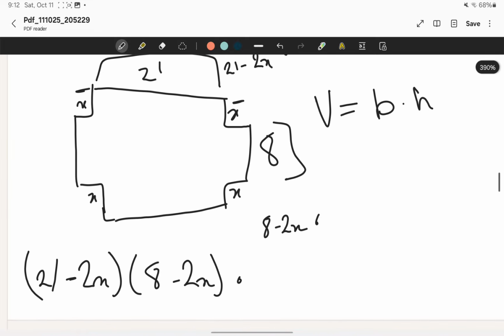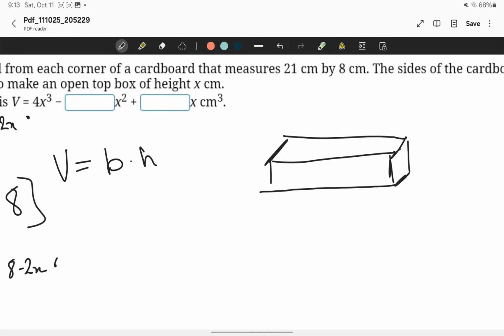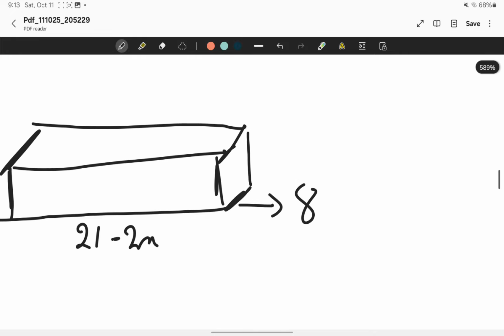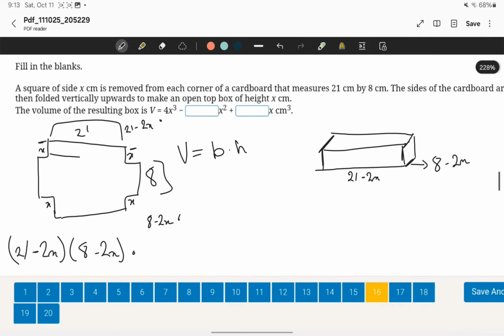Now times the height. If you could visualize it, that's great. I'm just going to try to draw it for you here so you could understand. We have the paper, we folded it up, we got this box. So this here is the 21 minus 2x, and this is the 8 minus 2x, because these parts, these x's, are the ones that got folded up.